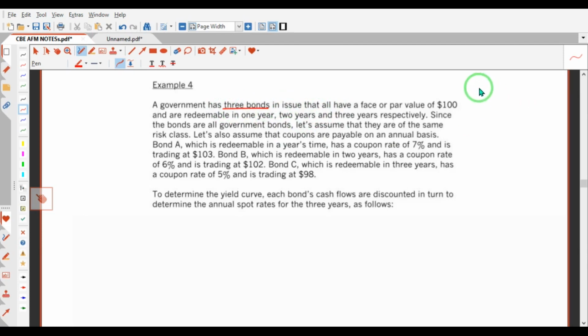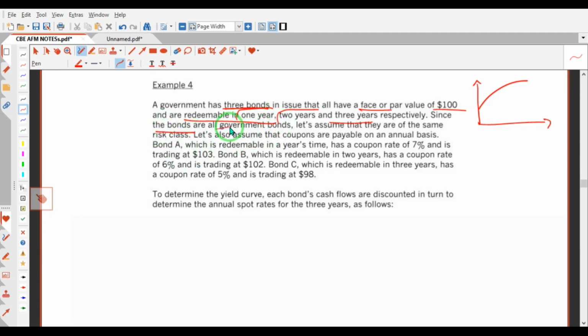Usually the government yield RF is upward sloping based on the time of maturity. Three bonds are issued, all with a face or par value of 100, redeemable in 1 year, 2 years, and 3 years respectively. So we're going to use the 1 year bond to estimate the 1 year yield, the 2-year bond to estimate the 2-year yield, and the 3-year bond to estimate the 3-year yield.